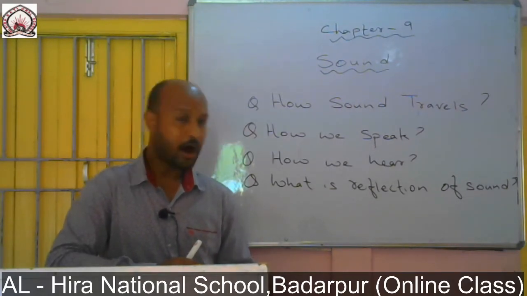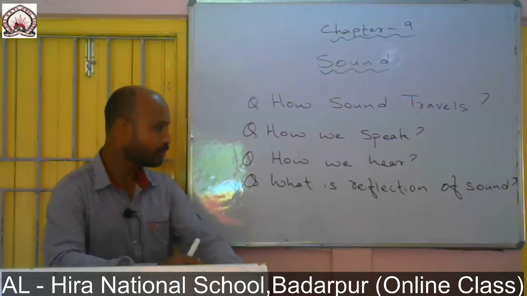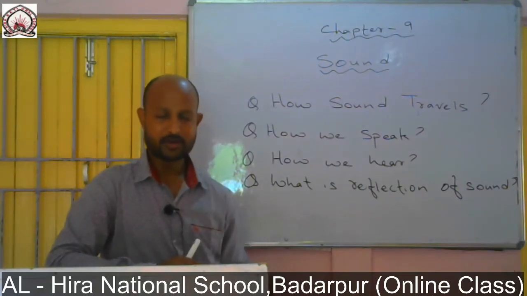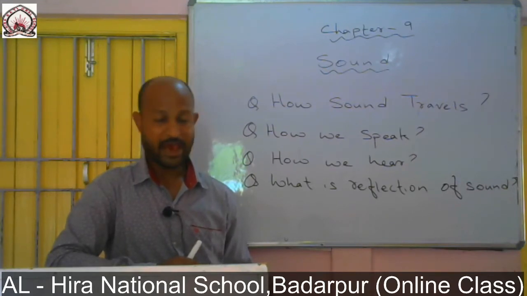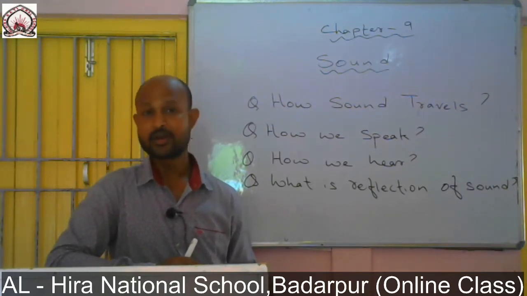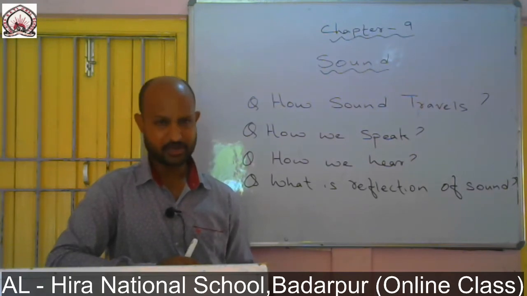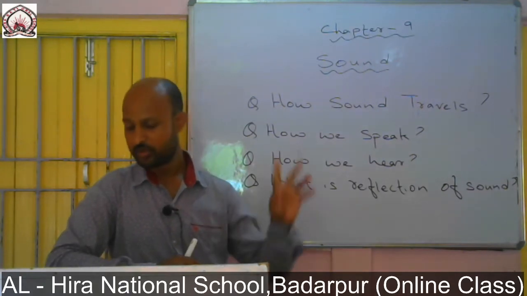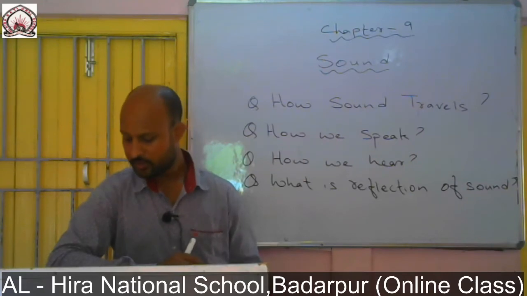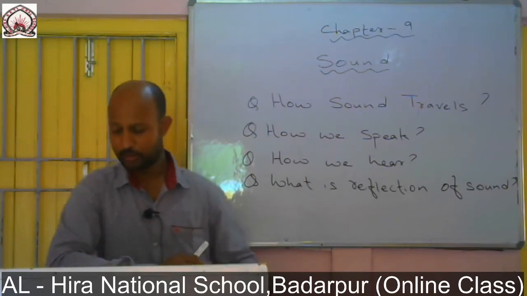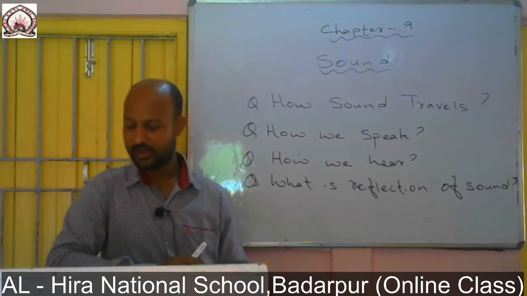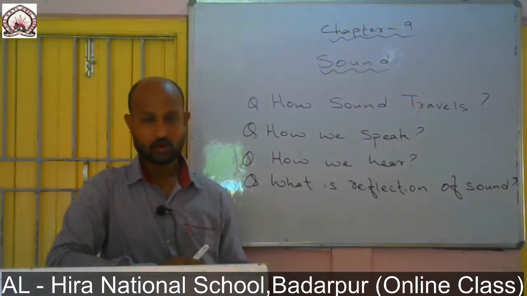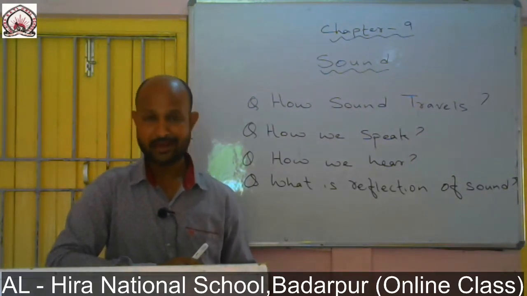Talking about how we hear, we know that we all hear with our ears. We have two ears on either side of our head. Each ear is divided into three parts. If you look at figure 9.12, you can see that each of our ears is divided into three parts called outer, middle and inner.